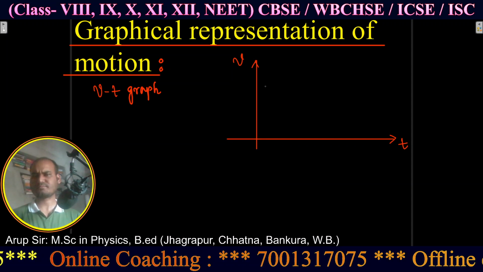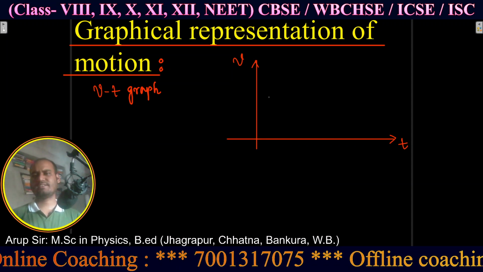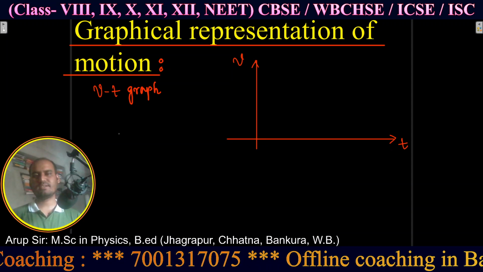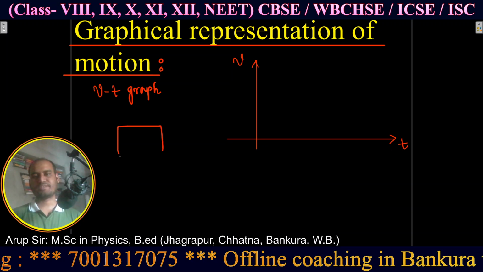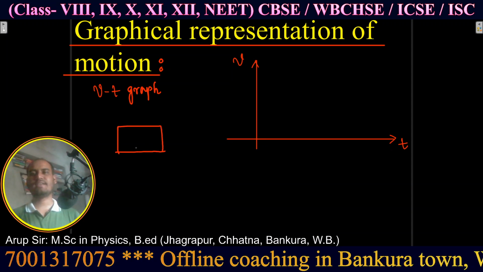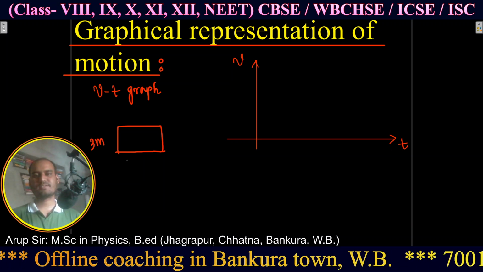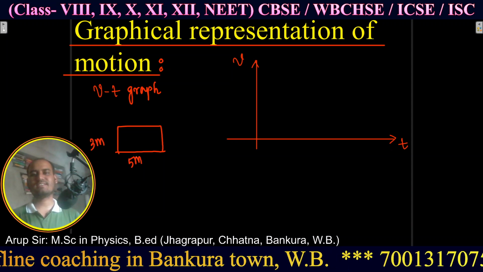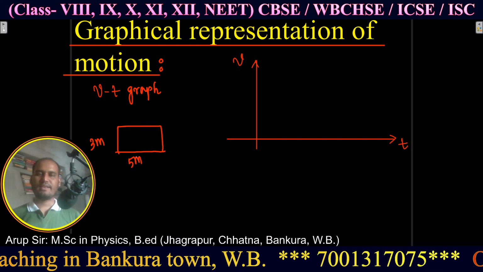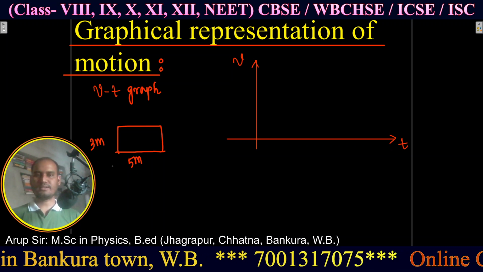Now here I am saying one thing. Tell me in the comment section what is the area of a rectangle. If this is 3 meter and this is 5 meter, then what is the area of this rectangle? Area of the rectangle is length into breadth. I hope you all know.